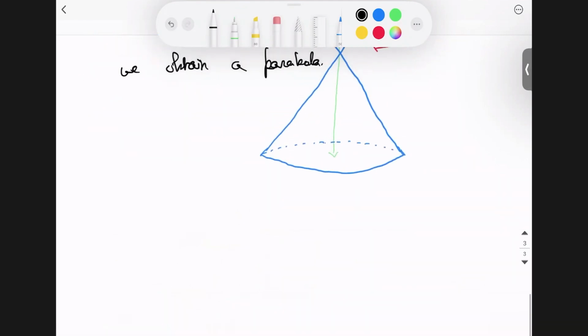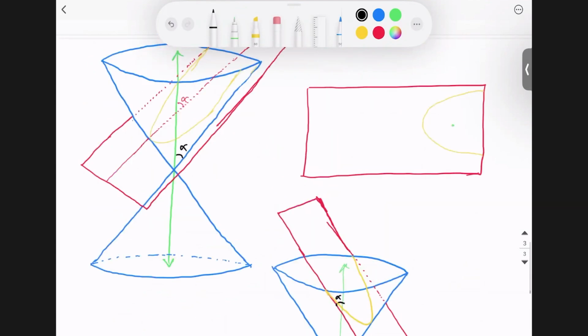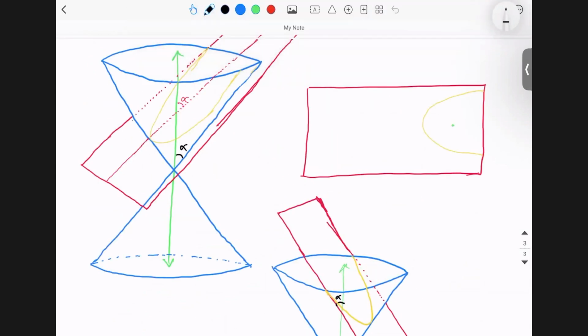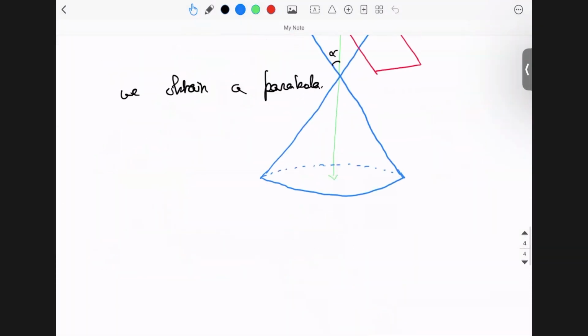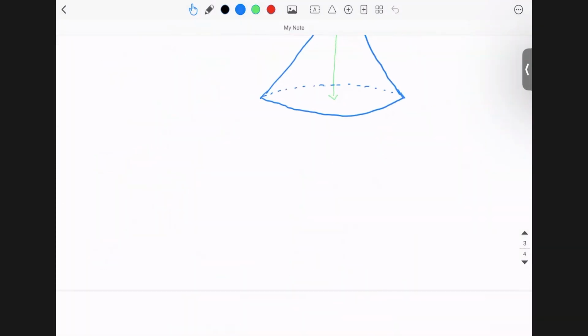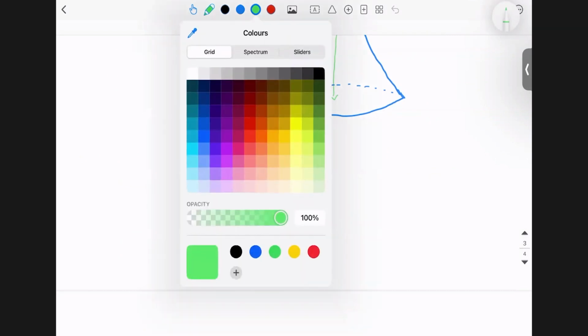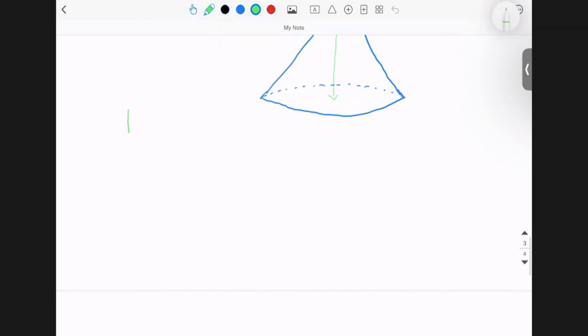If I draw another example, then you can understand this. Okay, I'm drawing it smaller. See the fixed line, see your blue line.